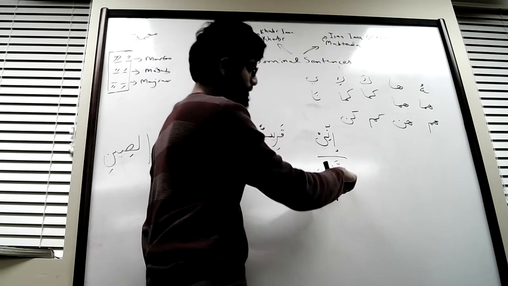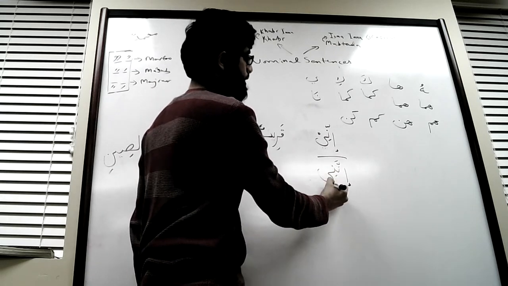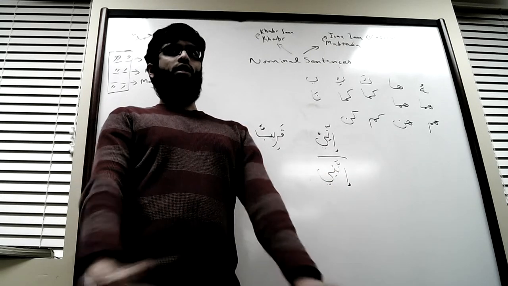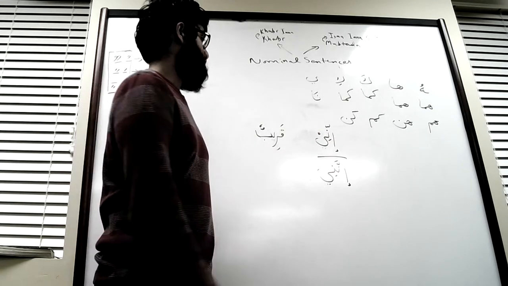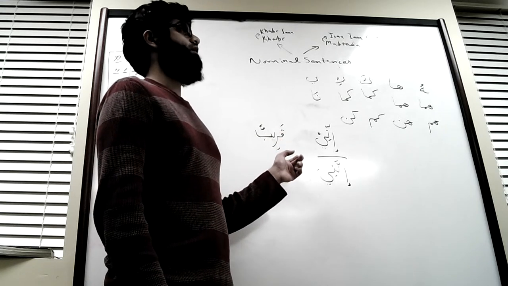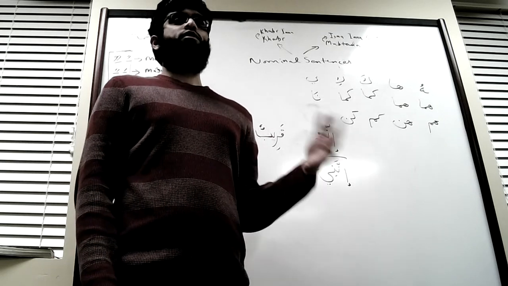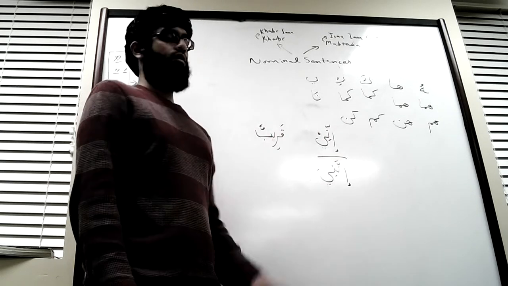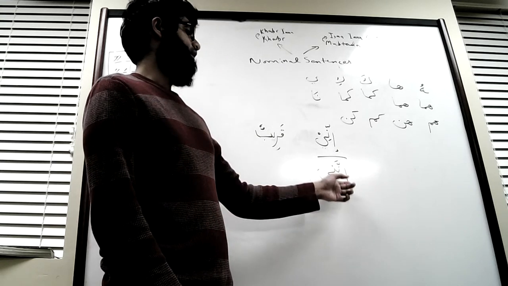So there are two noons here and one noon here. They're both the same. So inni qaribun, right? وَإِذَا سَأَلَكَ عِبَادِي عَنِّي فَإِنِّي قَرِيبٌ. Allah says, فَإِنِّي قَرِيبٌ. Indeed, I am near. And then you also hear innani.